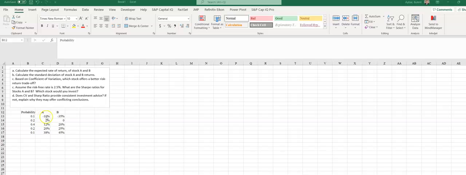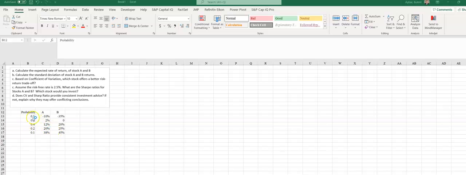So we calculate the probability times the outcome for all range of probabilities and we add them. So we used a model where we showed the expected returns as sum of probabilities times the particular outcome associated with those probabilities.